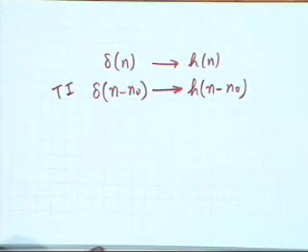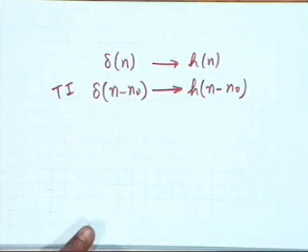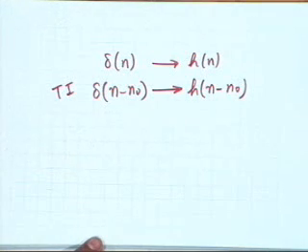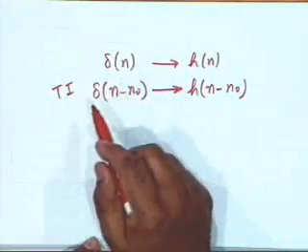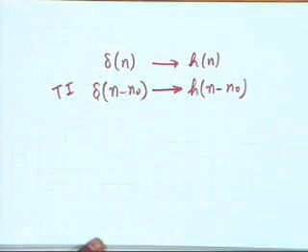All right? So let's recapitulate the importance of the two adjectives, linear and time invariant. Linear means that you can decompose the signal in terms of just one elementary signal, delta t or delta n. And time invariance means that if you know the response to delta n, then you also know the response to delta n minus n0.